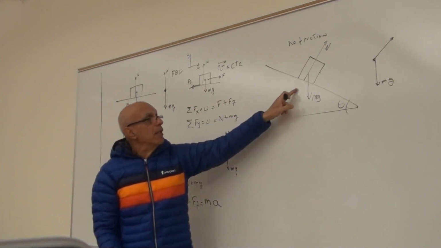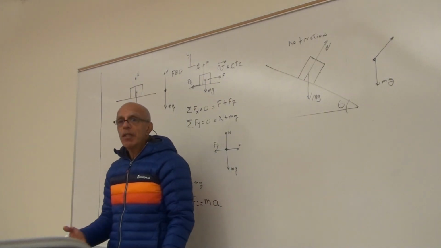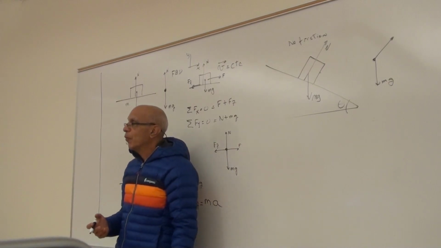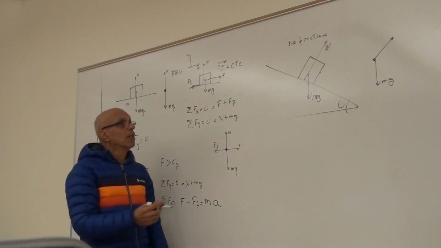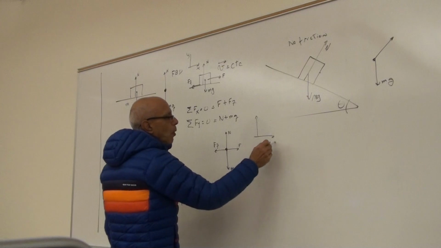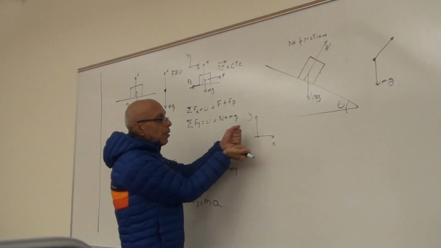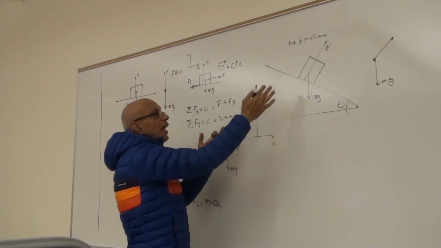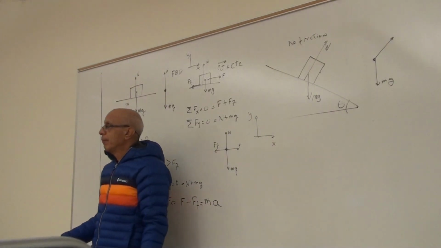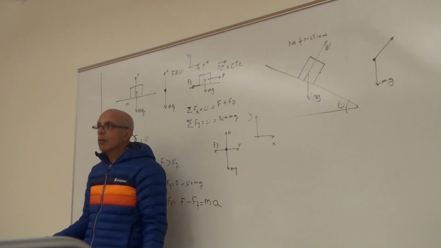But here, my plane has an angle to it. Do you have any suggestion how to make the math a little easier for me? Otherwise, if I have my coordinate system the same way I had before, it's going to be kind of difficult to describe those two vectors there. What would be a better way to look at this?